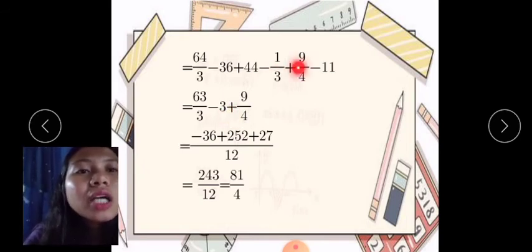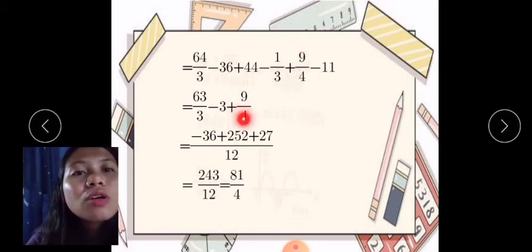Now, since + 9/4 is the only one left, we just copy it here, + 9/4. So we can simplify again: 63/3 - 3 + 9/4.